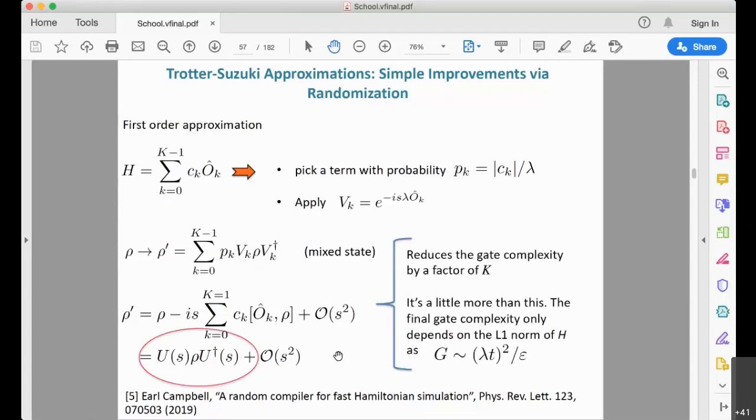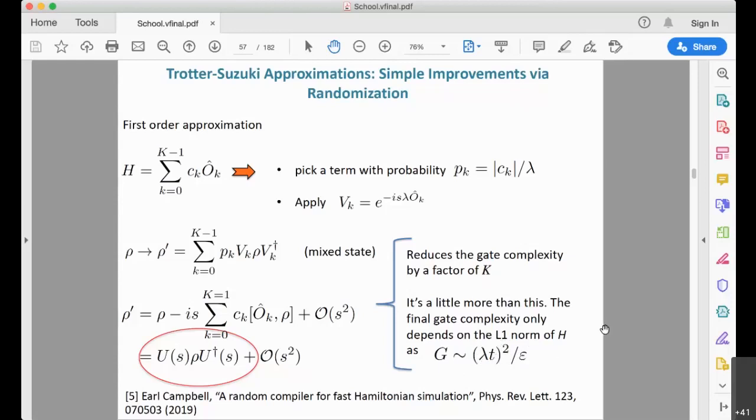So what this does is it reduces the gate complexity of the first order approximation W1 of s that I talked to you about in the previous slide by a factor of k, because I'm just applying one term rather than all the terms, all right? And the final gate complexity goes, again, with the evolution time squared over epsilon, but there is no factor of k, all right?